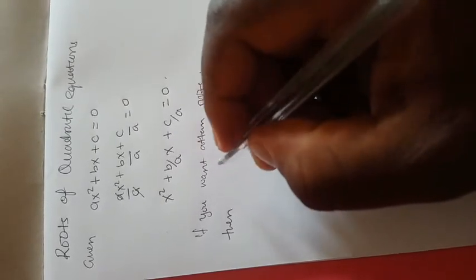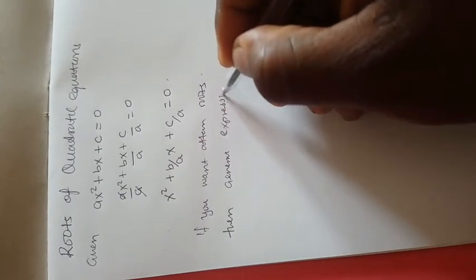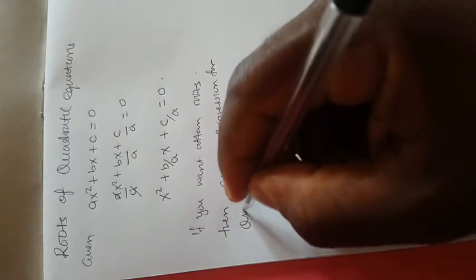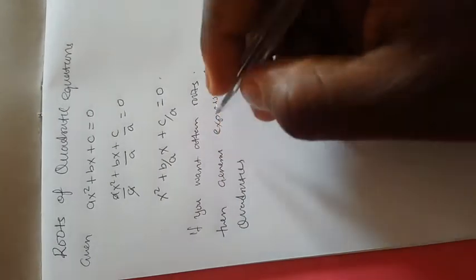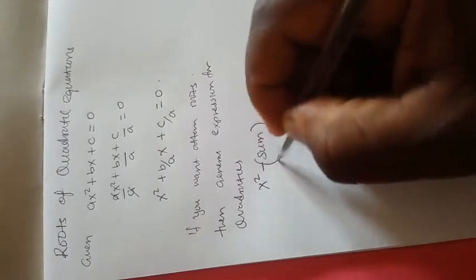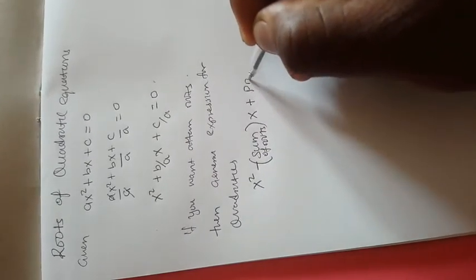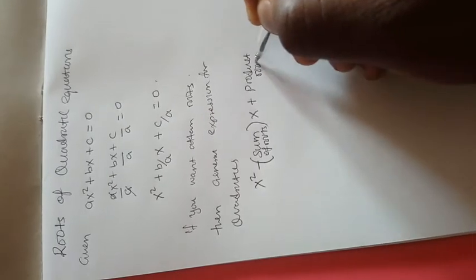Now, if you want to attain the roots, then the general expression for quadratics is given by x squared minus the sum of the roots times x plus the product of the roots.